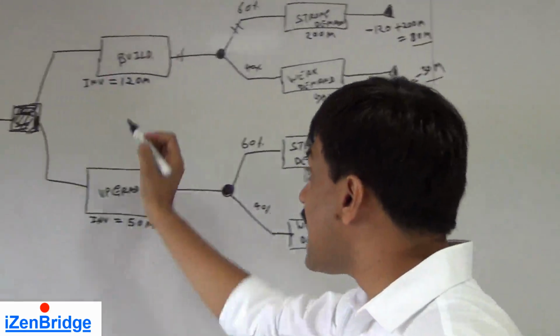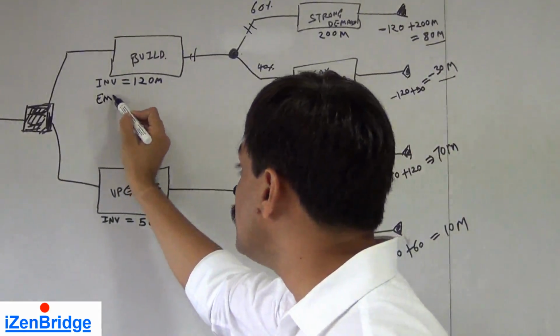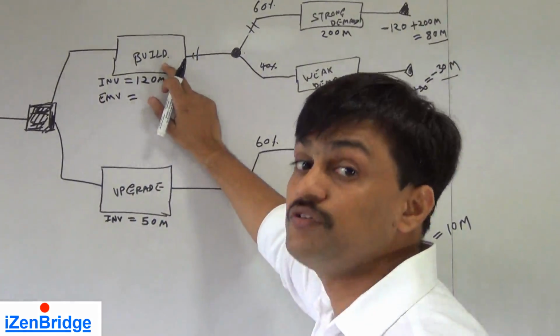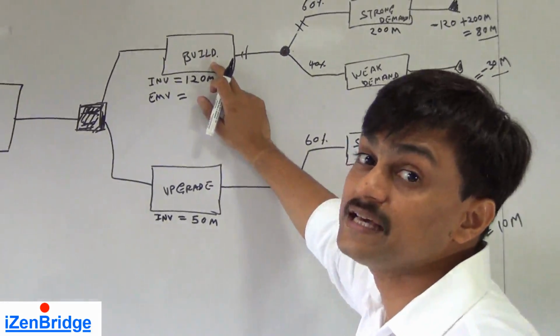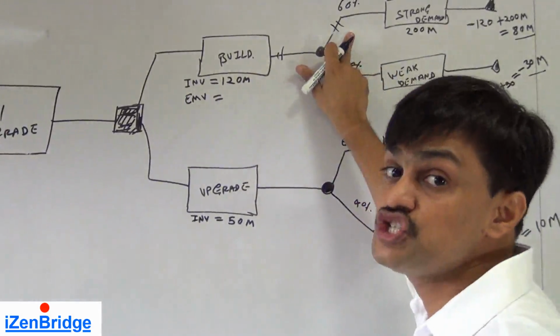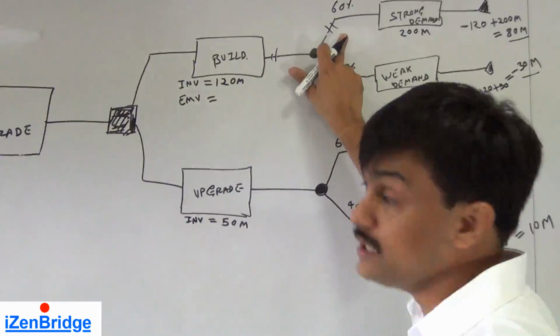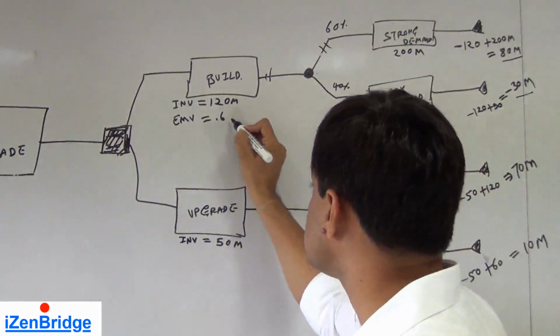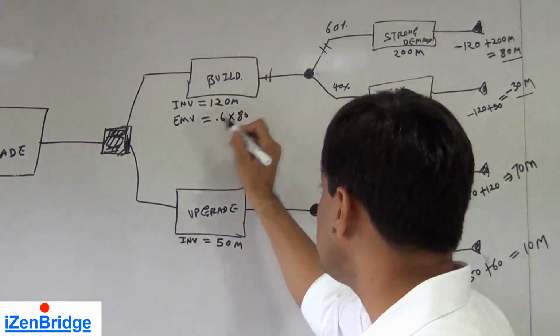So what is the expected monetary value for the build decision? What we need to do is multiply the probability. So we have a 60% chance of earning 80 million. So we say 0.6 multiplied by 80.